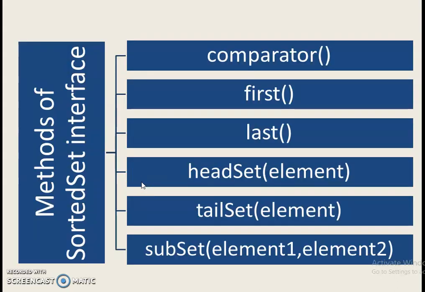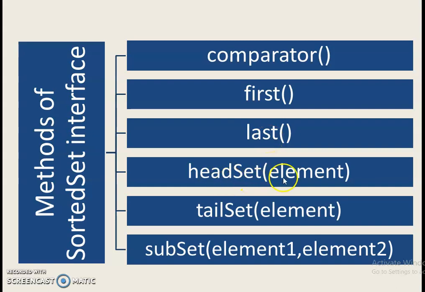So the TreeSet class can use all the methods of SortedSet, and here we have the methods of SortedSet. It has the comparator method. This method returns an object of Comparator that is used to sort elements in some specific order. Next we have first. This method returns the first element of the set. The last method returns the last element of the set.